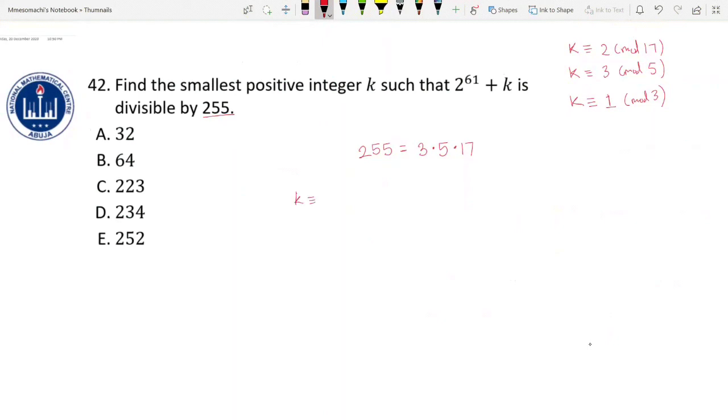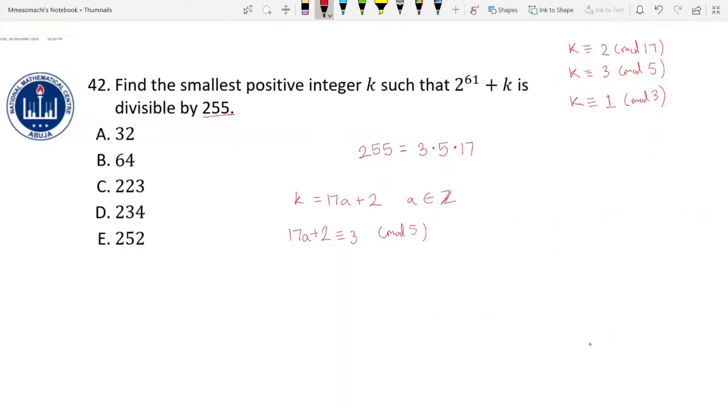It means k is of the form k equals 17a plus 2, for some integer a. Then k congruent to 3 mod 5, so we put that for k. So we have 17a plus 2 congruent to 3 mod 5.